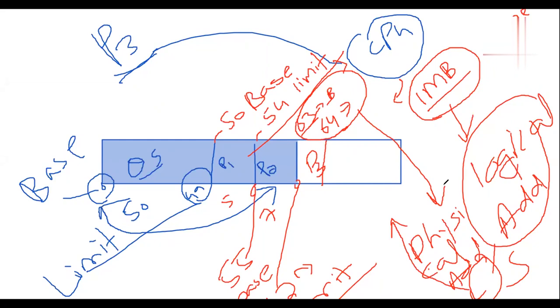Same like that, once the memory is allocated and the process is loaded into memory, the address represented by the base and limit will be the physical address, and the physical address gives a memory location. Okay guys, so this was the physical and logical address space.